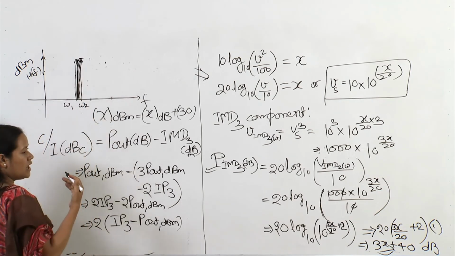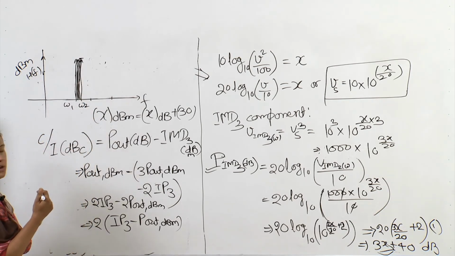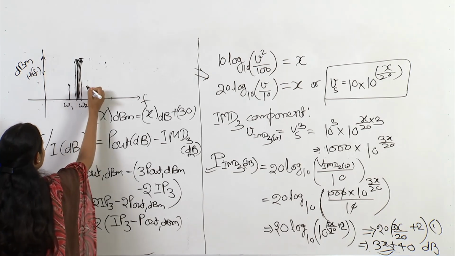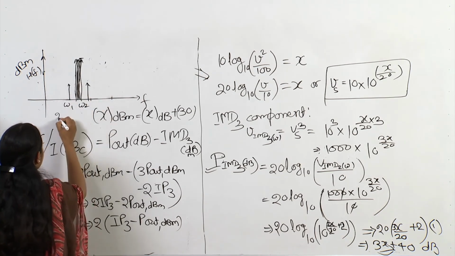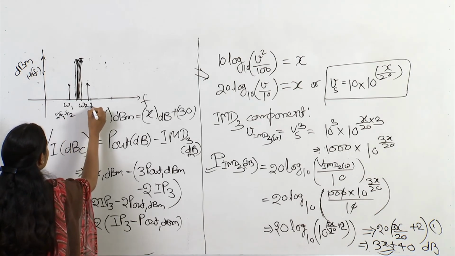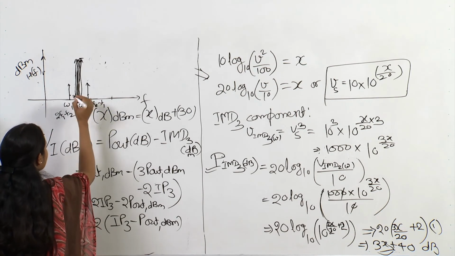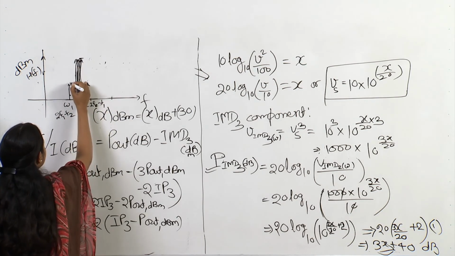So, how will its output look? For a two-tone system, we saw that we had some IMD3 components here, 2 F1 minus F2 and 2 F2 minus F1. Now, because of other components, we will see something like that.